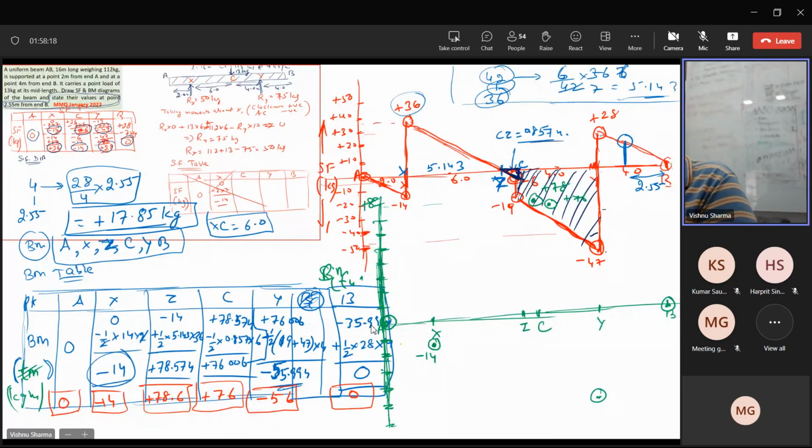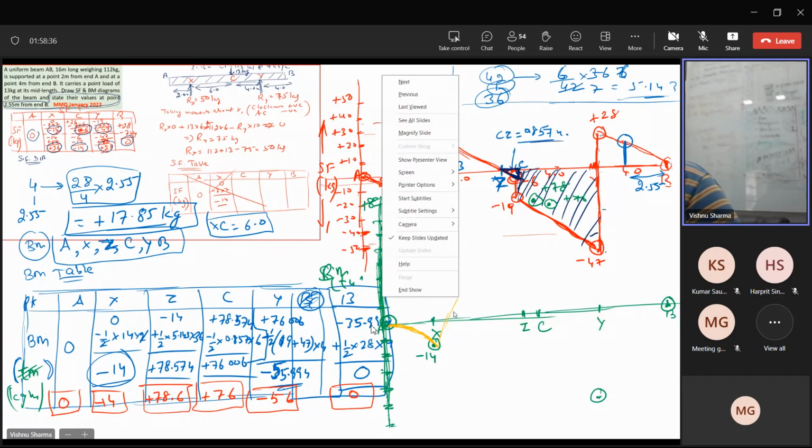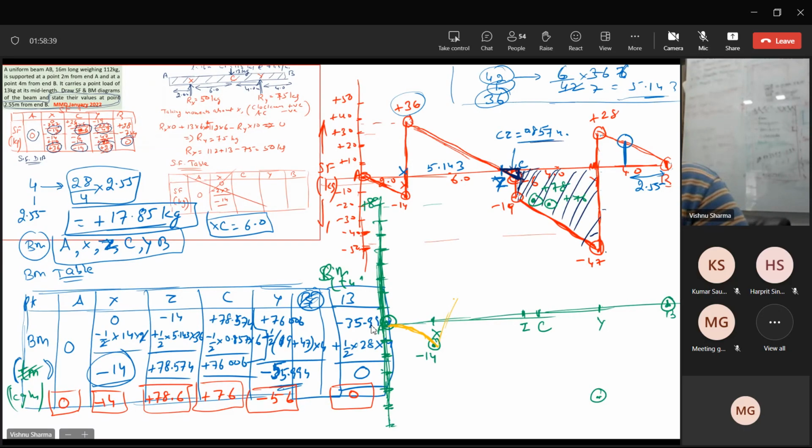From A to X is a triangle from vertex to base. Then from X to Z is a triangle from base to vertex. This is also, of course, close by.